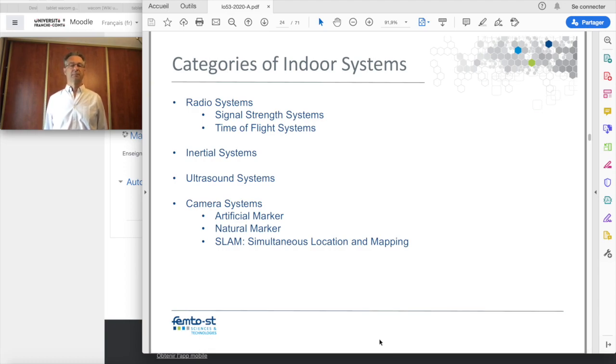For radio systems, you can have at least two or three solutions. It can be the signal strength of the received signal. It can be measurements of time of flight. And for camera, it can be artificial or natural markers, and also simultaneous localization and mapping in order to follow the devices.